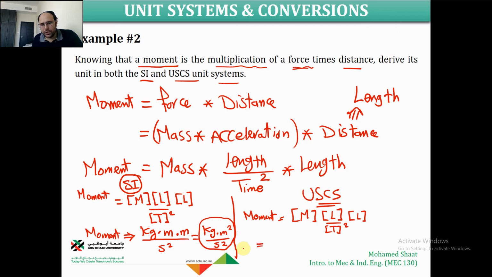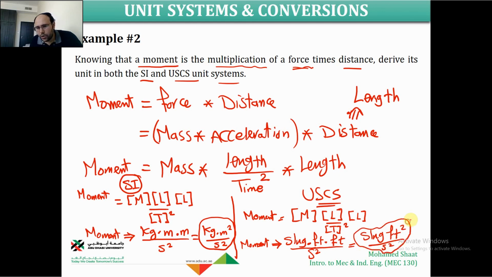So the unit of the moment will be the mass in the American system, which should be in slug, as we discussed, times the length in the American system, which should be in foot, times another foot for the other length, divided by the time, which is in second square in the American system. This is going to give us slug times foot square divided by second square. This is the basic unit for the moment, but in the American system.